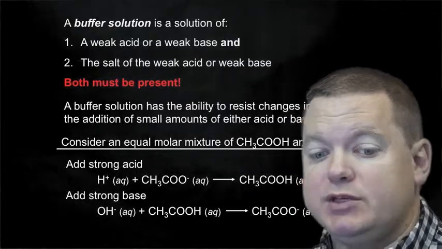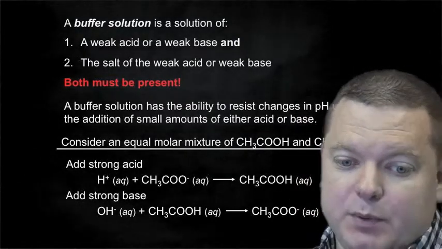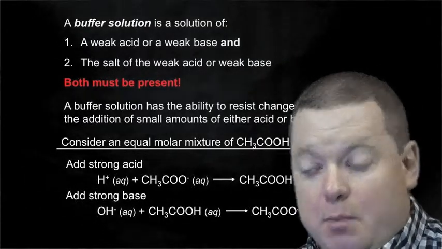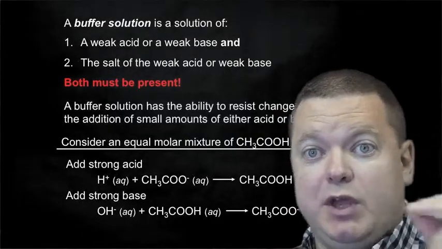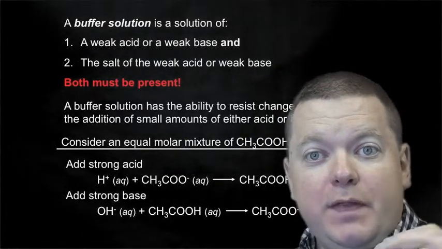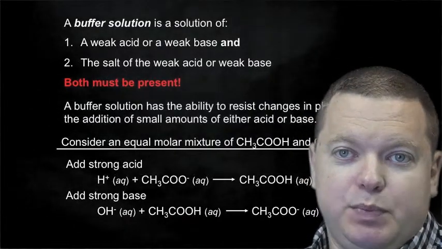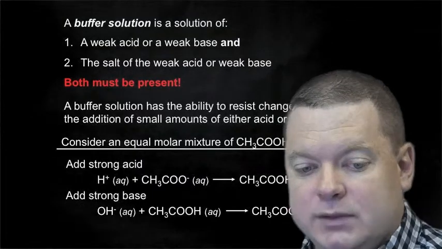If both of those things are present, then we can have a buffer, but both of them must be present. The important thing about a buffer, because of Le Chatelier's principle, where we add a stress and can shift one way or the other, is that these buffer solutions are going to resist changes in pH upon small additions of an acid or a base.